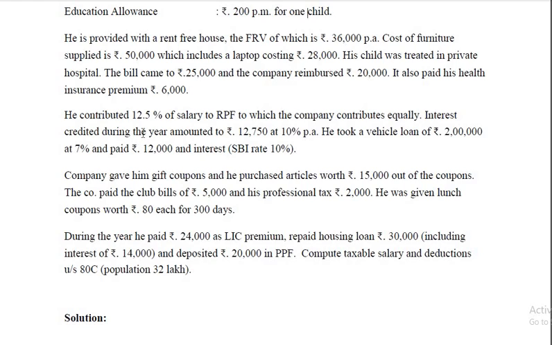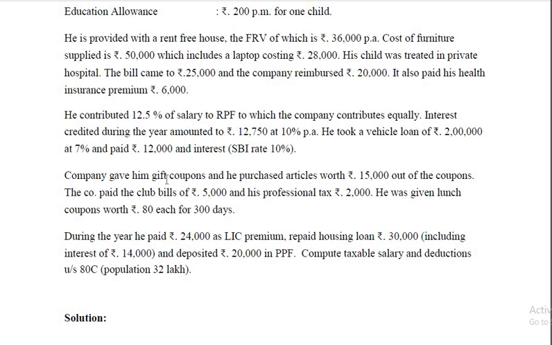Then deposited rupees 20,000 in PPF. So this is also coming under ATC. So 24,000, then 30,000 minus 14,000, so 16,000, then 20,000. Then employees' contribution to recognized Provident Fund. So these are the values or items you have to consider in order to calculate ATC. So by this I have solved the problem.